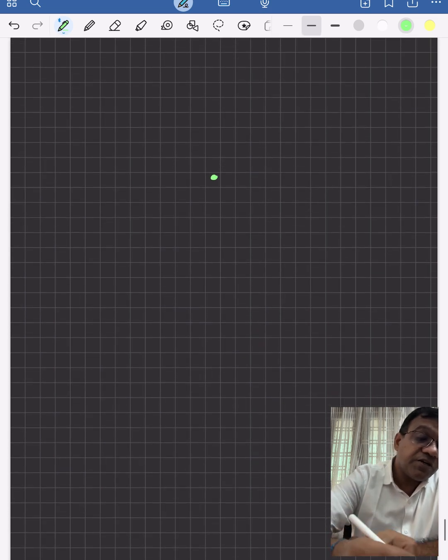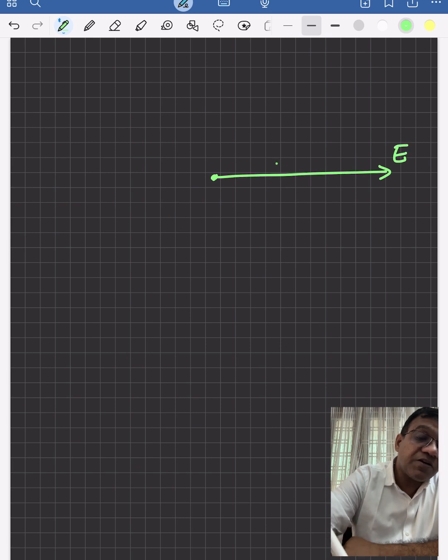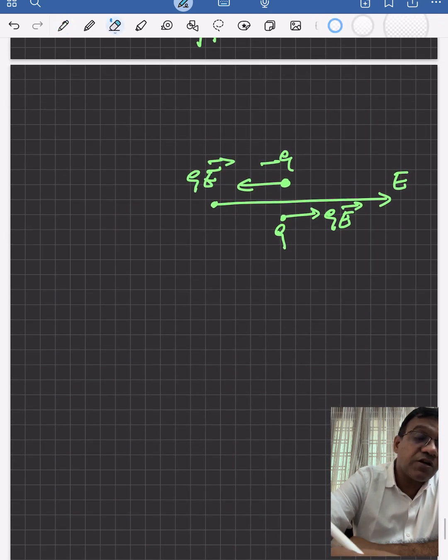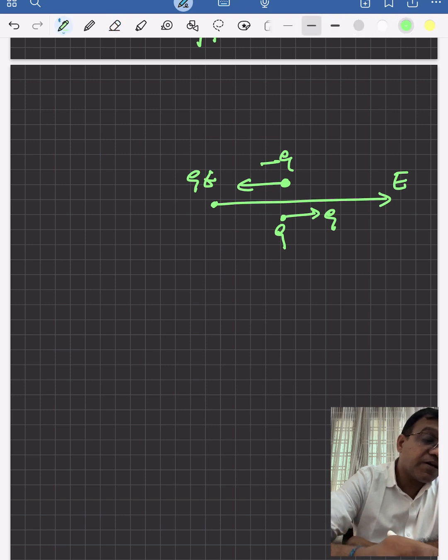Again, try to understand. Let us say in this region some electric field is there and a point charge plus Q is there. Then it experiences the force QE. If you have a charge minus Q, then it experiences the force QE in this direction. No need of writing the vector because I am already marking the direction.